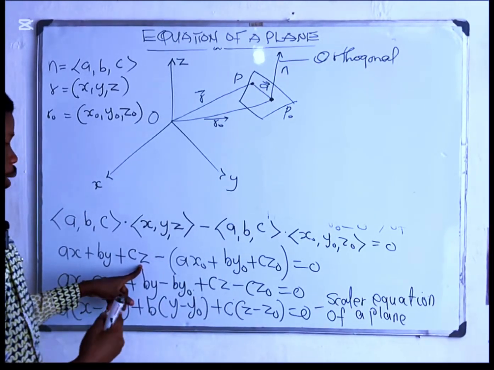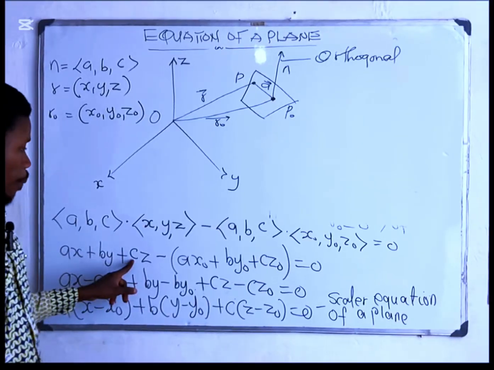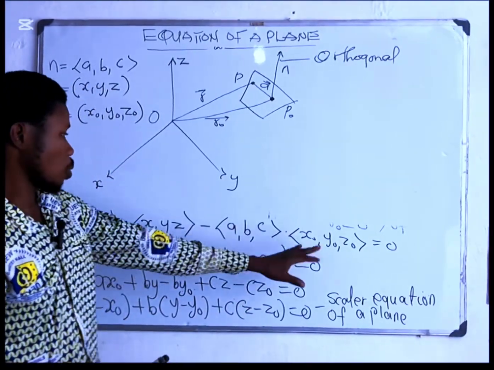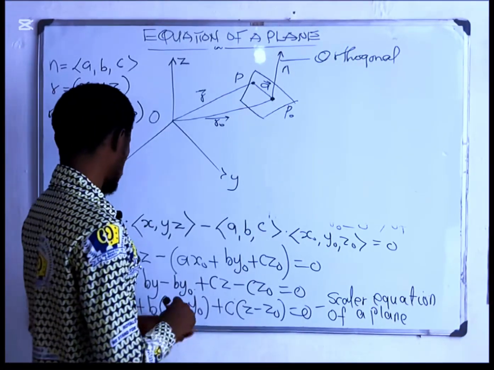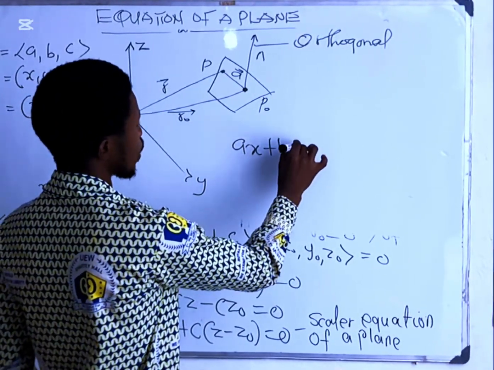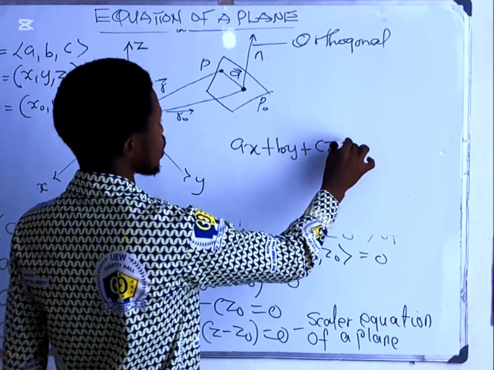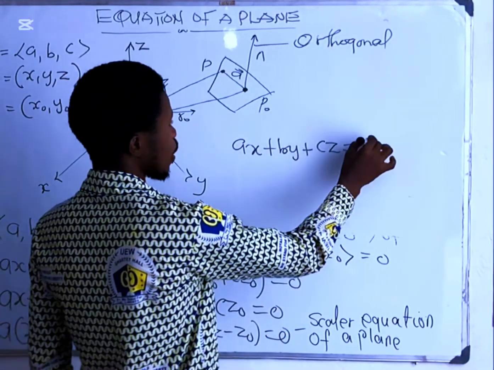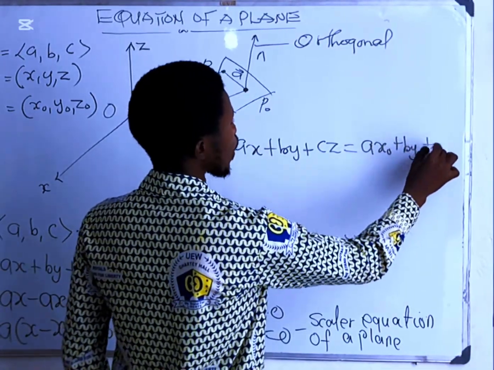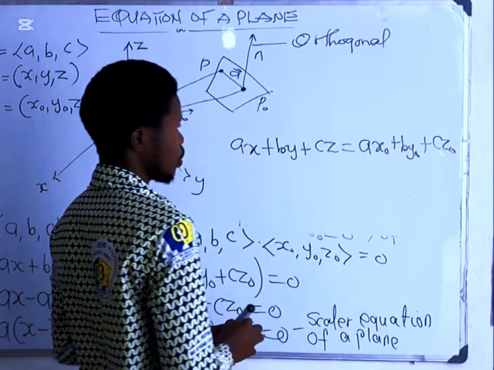But a, b, c are numbers, x naught, y naught, z naught are numbers. So in this case, I can send all of them to this place. So what I'm going to get here is ax plus by plus cz equals ax naught plus by naught plus cz naught, right?